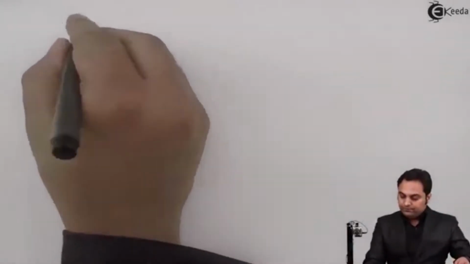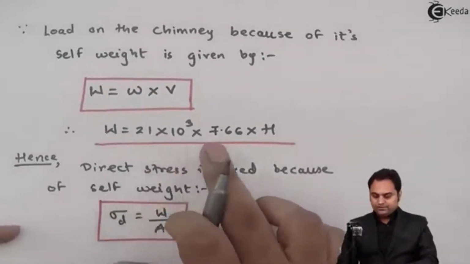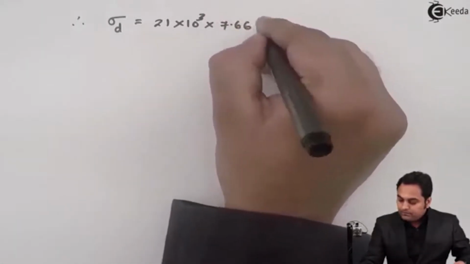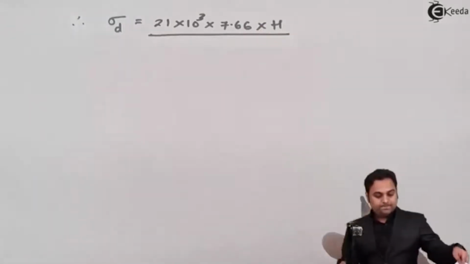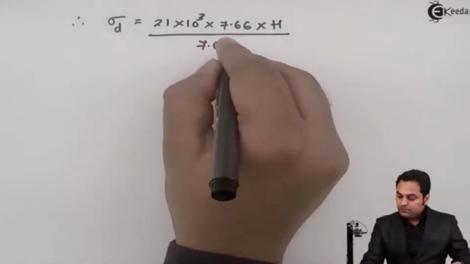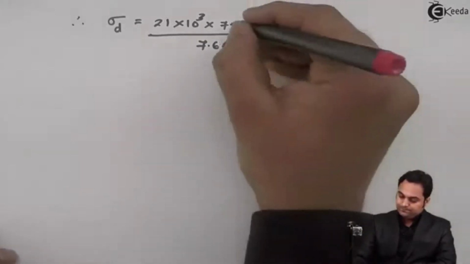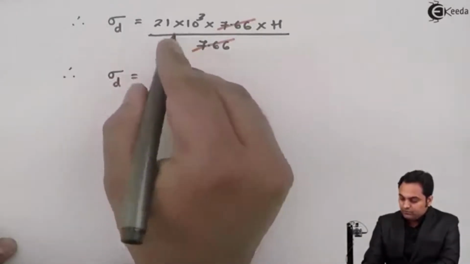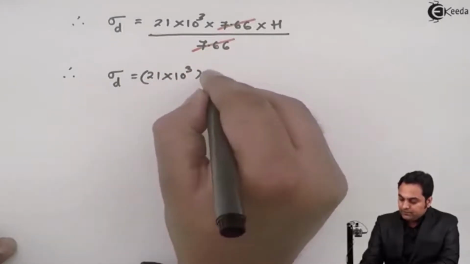So therefore direct stress is equal to weight, 21 into 10 raised to 3 into 7.66 into capital H, divided by area. Area we have found out it was 7.66. So this 7.66 gets cancelled out, and here we have direct stress is equal to 21 into 10 raised to 3 into capital H.